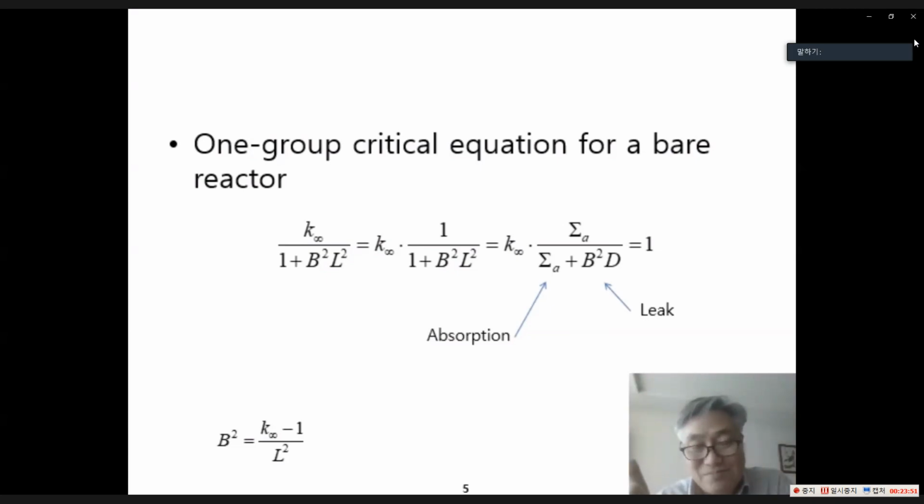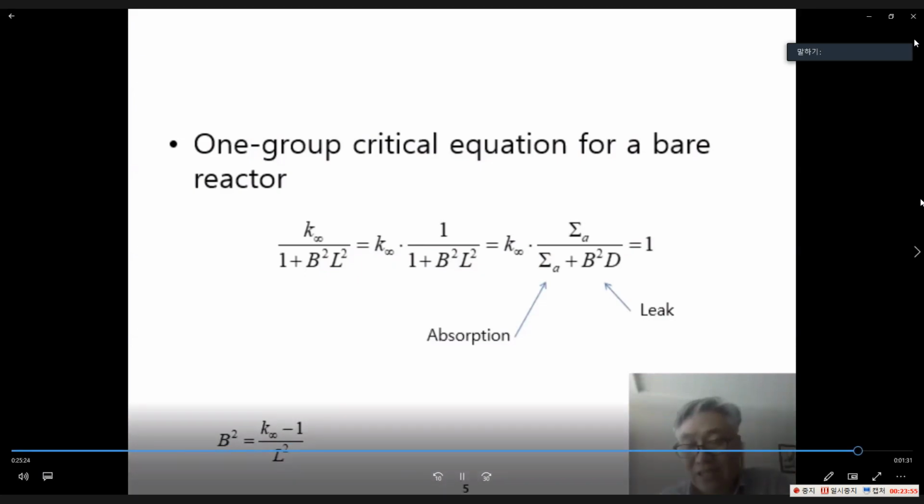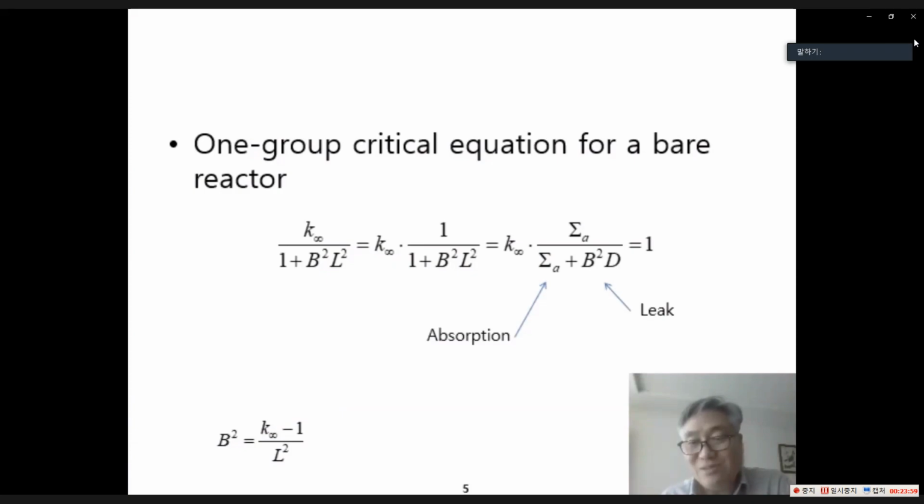Let me say again. First, 1 divided by 1 plus B square L square is thermal non-leakage probability. Second, K infinite is multiplication factor for infinite reactor. And K infinite multiplied by non-leakage probability is multiplication factor for finite reactor.